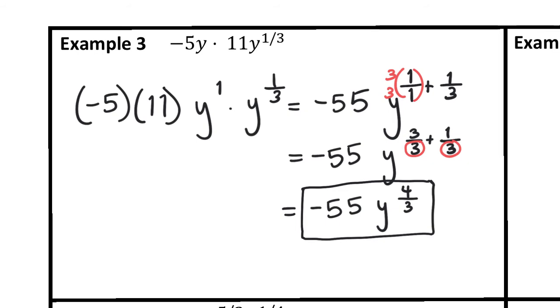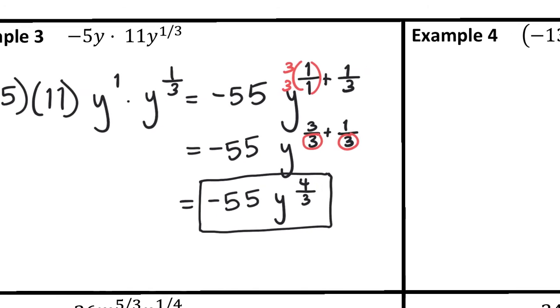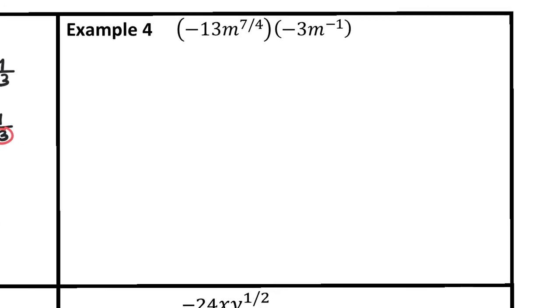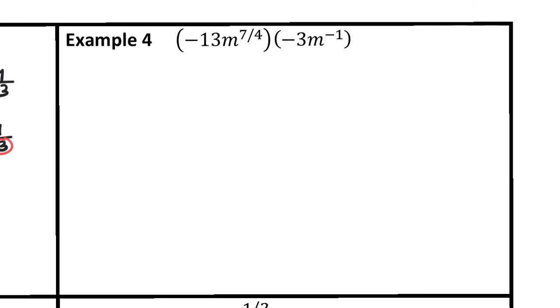All right. Number 4. All right, multiply the numbers together. So I have, let me write it a little bit bigger, negative 13 times negative 3.